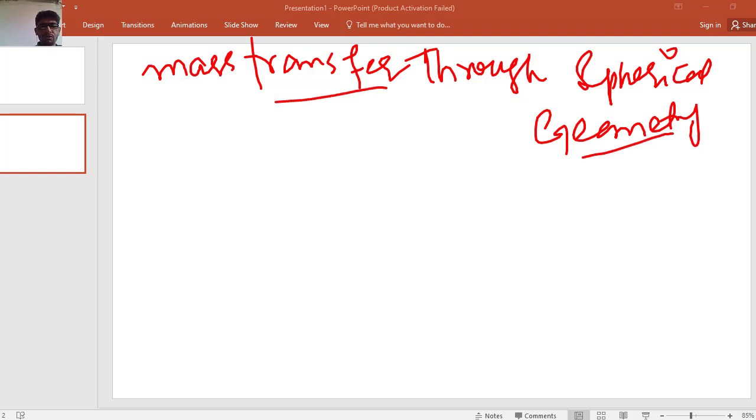We will use an example in which a water droplet is evaporating into the surrounding air. It is a famous example: evaporation of a water droplet into the air.